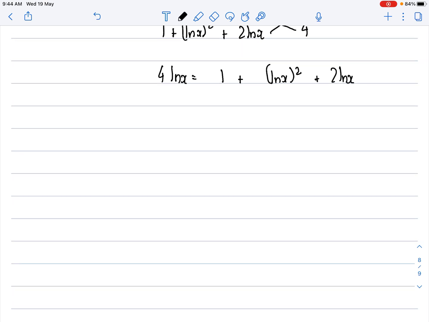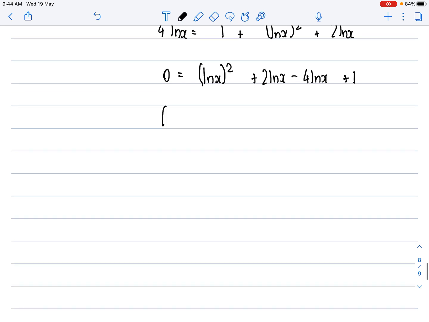Now I can write this as 0 equals ln x the whole square plus 2 ln x minus 4 ln x plus 1, which can be written as ln x the whole square minus 2 ln x plus 1 equals 0.